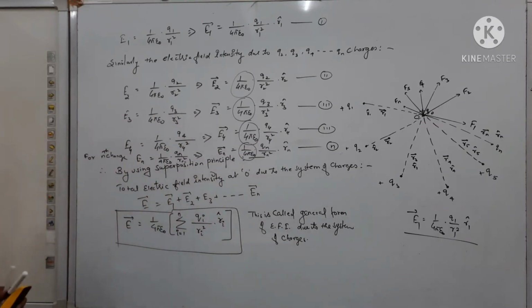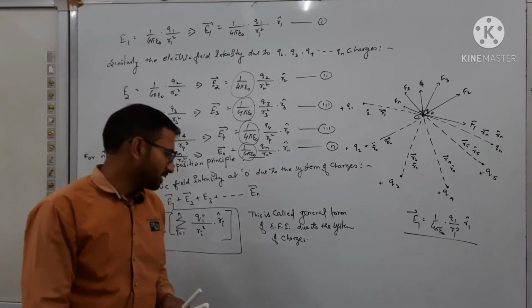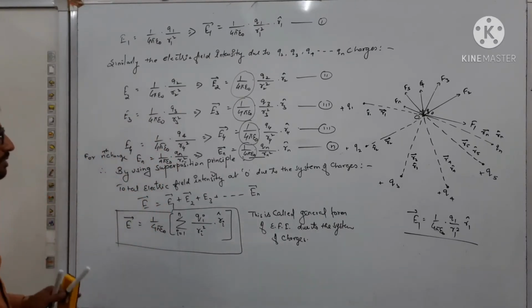And the remaining things, what is their SI unit, Newton per Coulomb, and the dimension formula, and is it a vector or a scalar, all these things we know. So I am not writing all the things here. After this derivation, I will give you one numerical to solve based on the electric field intensity. So till that time, pause the video and note down the written topic.